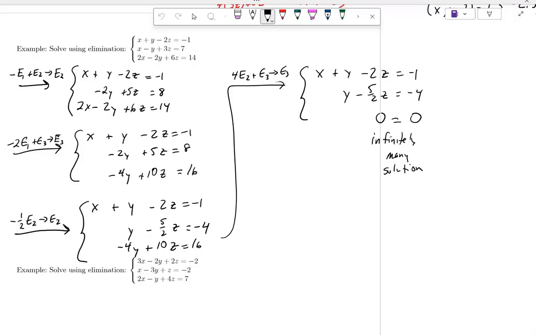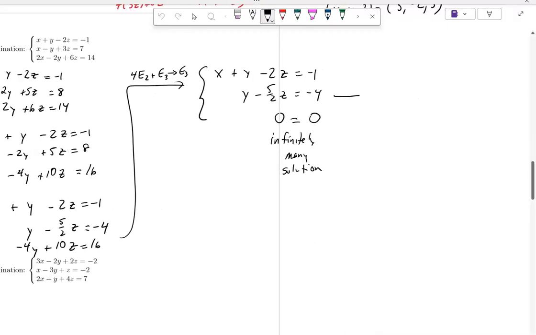Yeah, because I would just plug the 2 in here and move the stuff over to figure out what the y is. And then once I have the y and the z, I can do the same thing with the x. So we do that same type of back substitution. We just don't do it for a single number. We do it for any possible z.